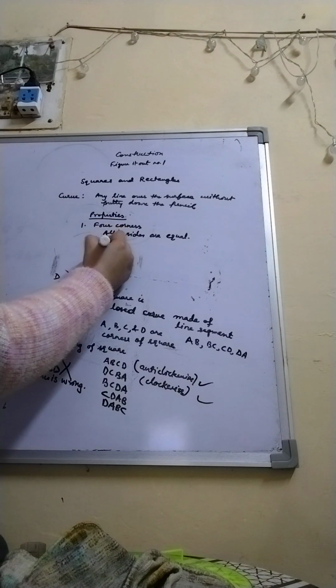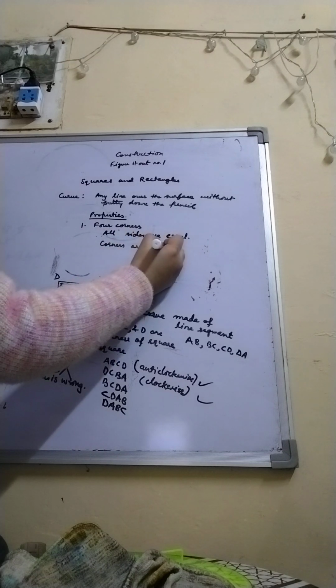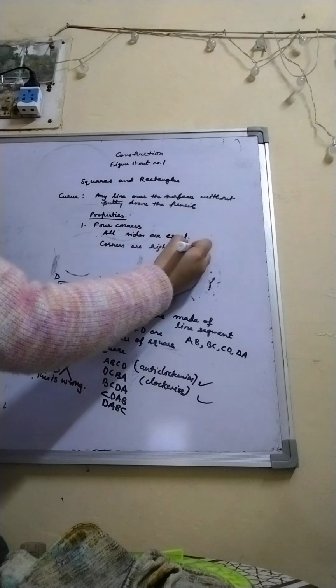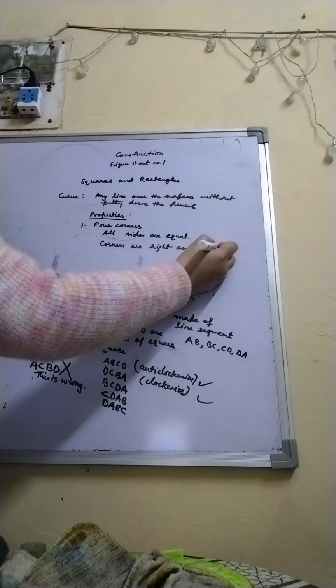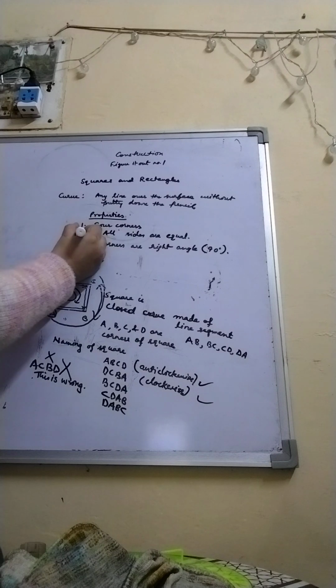Then corners are right angles. So now you know what a right angle is. It is 90 degrees. So corners are right angles or 90 degrees. So these are a few properties of the square.